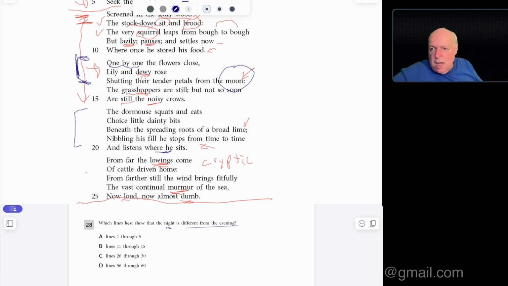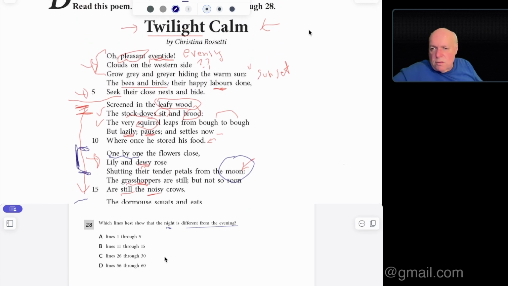If we go to lines 1 through 5, that's the beginning of the poem, and it hasn't quite touched on the eveningness or the twilightness yet. It's just setting us up. It throws in the birds and the bees part, but we're not sure what's happening in the first stanza yet. So A just makes no sense.